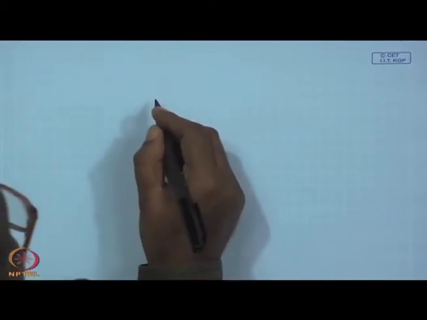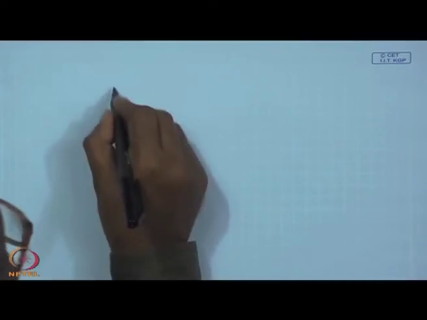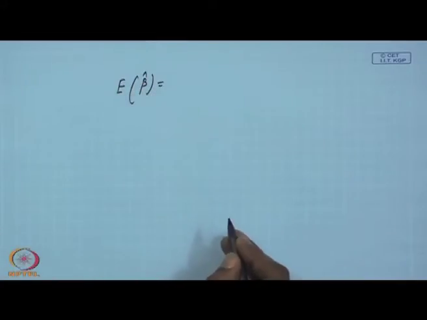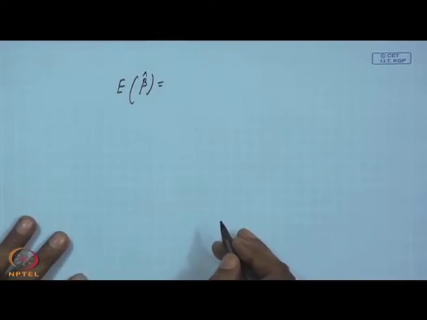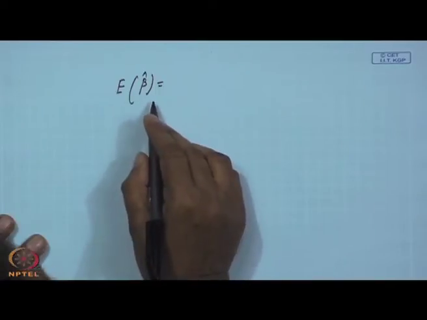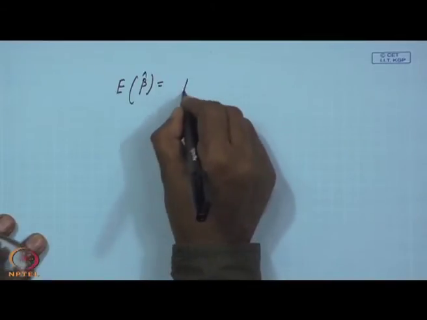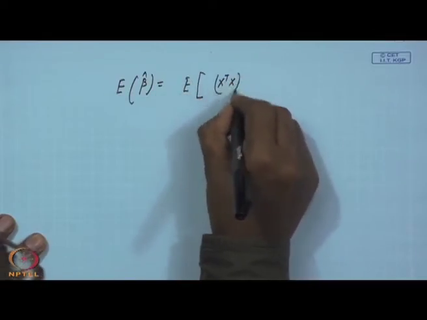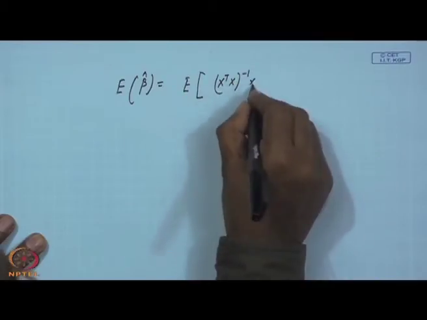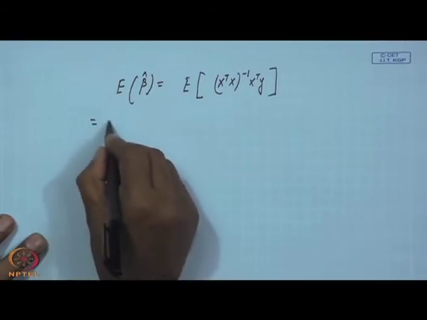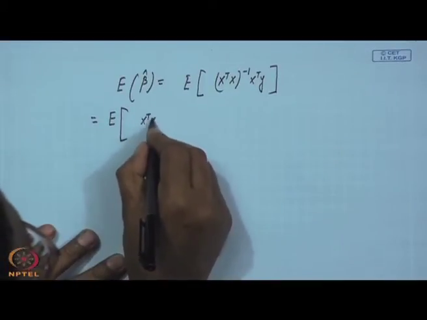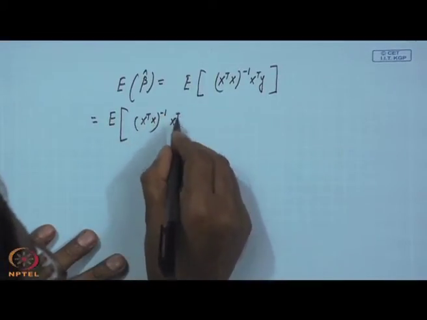So, for a distribution, you require to know what will be the expected value of beta cap. We want the distribution of this, so we first require to know the expected value of beta cap. This will be the expected value of (X transpose X) inverse X transpose Y. So, we can write this as expected value of (X transpose X) inverse X transpose.